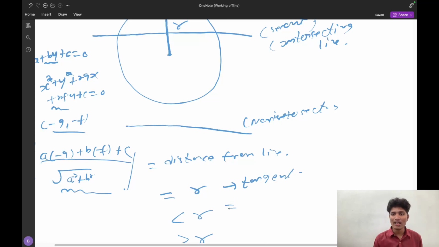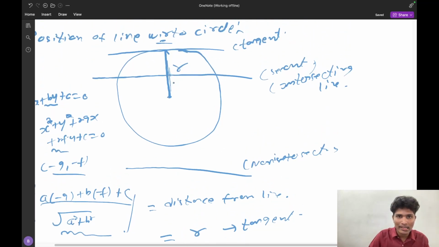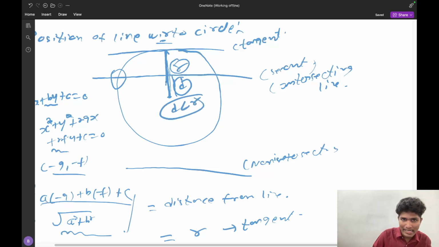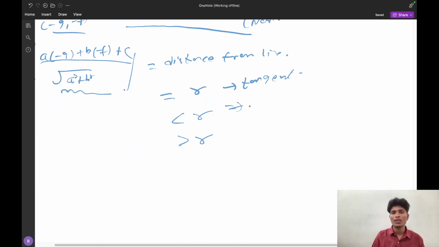And if it is less than r, that is, the radius is greater than the distance, then the line will be intersecting, because this distance, suppose this is d, is less than r. So in this case the line is an intersecting line, that is, a secant.